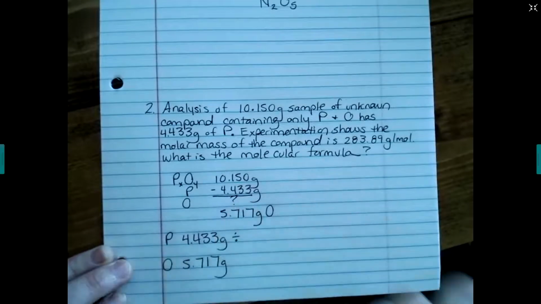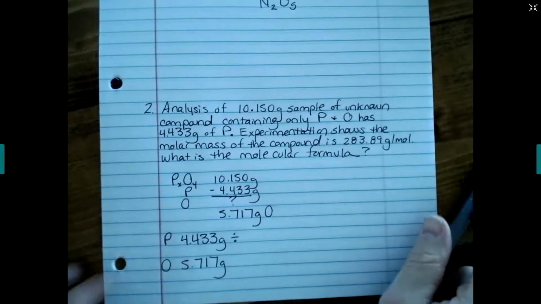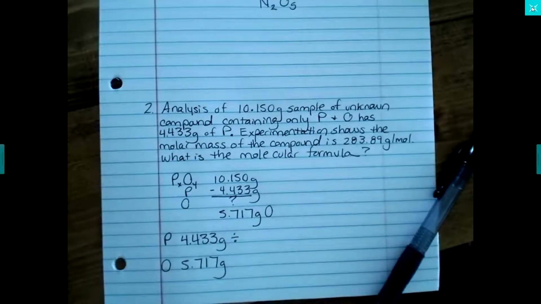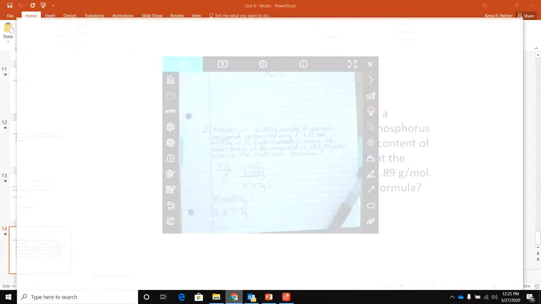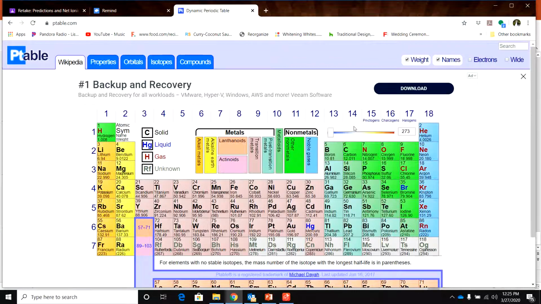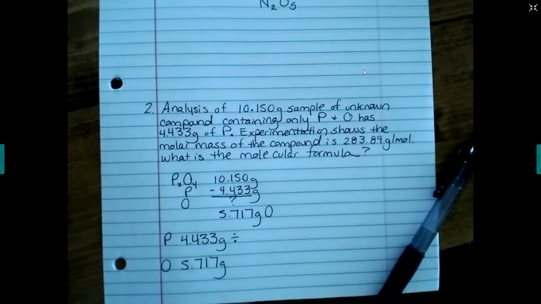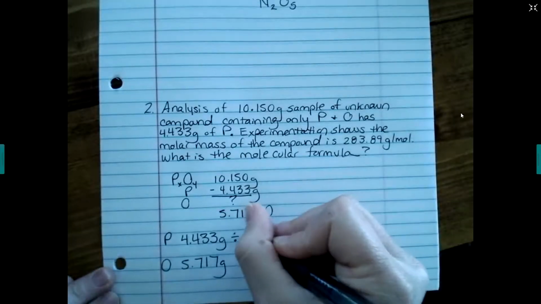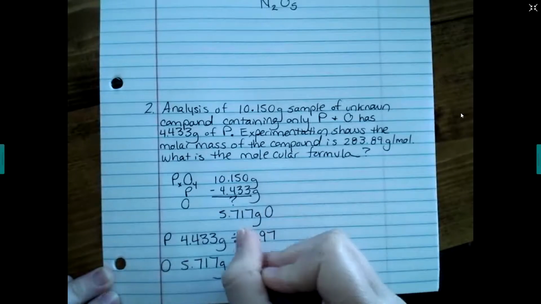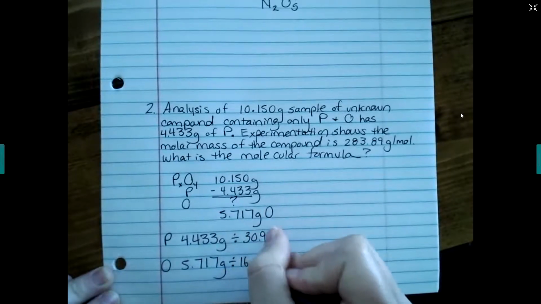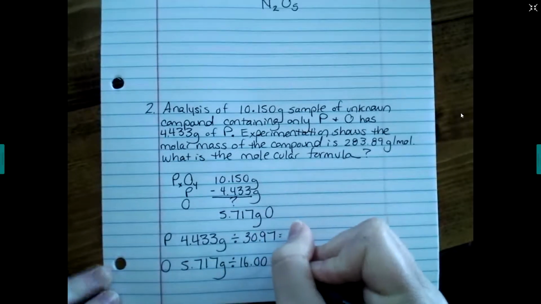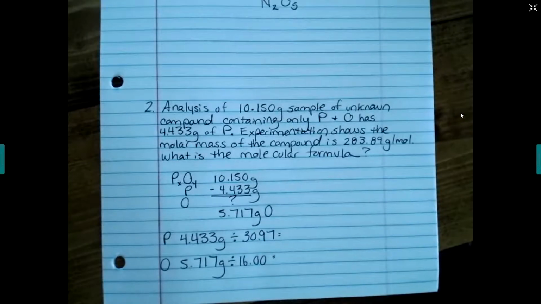Now we're going to convert both of those into moles. So I'm going to divide by the molar mass of phosphorus. If you need to see what that is, we can look at our periodic table here. So 30.97. And then for oxygen, it's just 16. So we'll go ahead and do that.